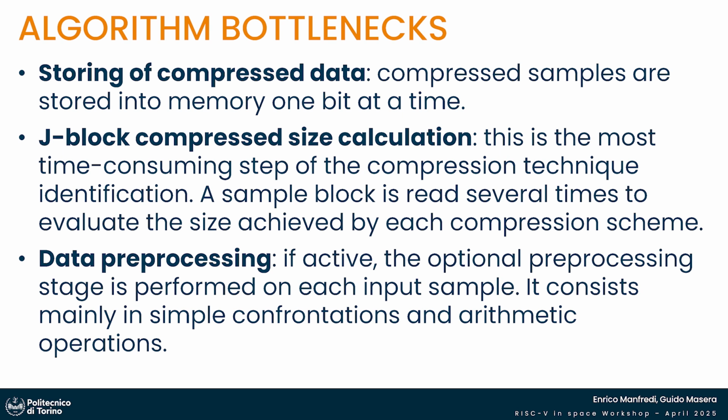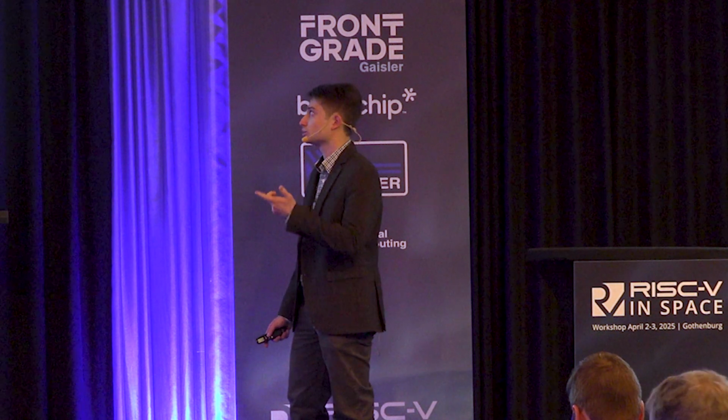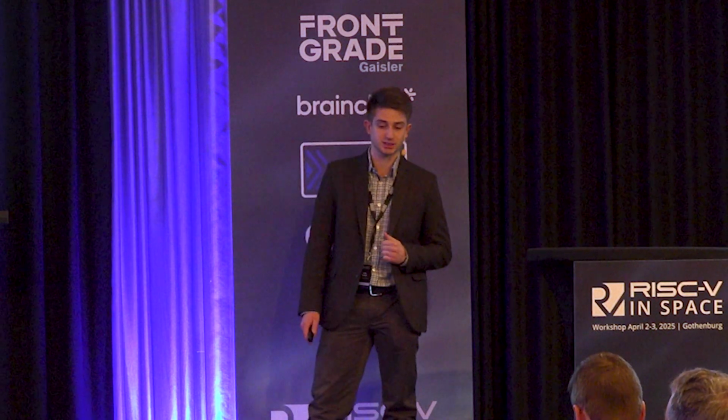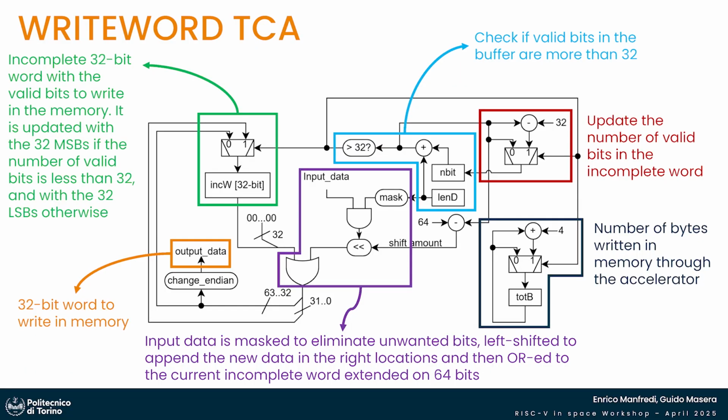The first accelerator that I will discuss is the so-called rightward accelerator, which enhances the storing of compressed data. Here samples are masked and left shifted to align them with the content of an internal register called the IncW register, which holds the incomplete words of data that must be stored inside the memory.